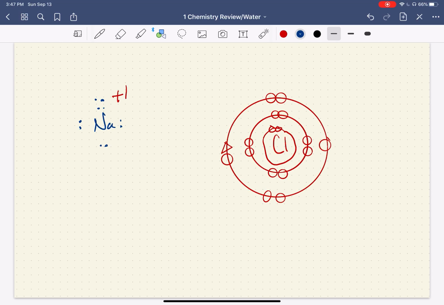Oh, we're missing just one. It literally only needs one electron to be happy and stable. So kind of like what sodium did just by giving up its electron, chlorine just kind of cheats and it just steals an electron from the environment. Well, now it has more electrons than it does protons, so chlorine has a -1 charge to it.